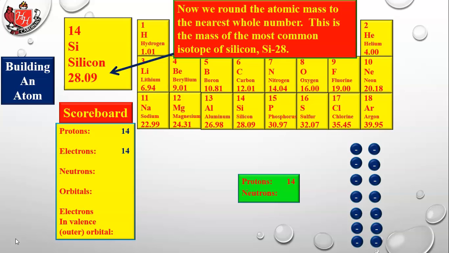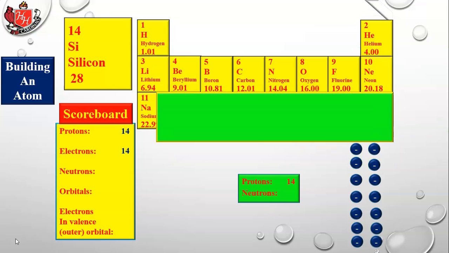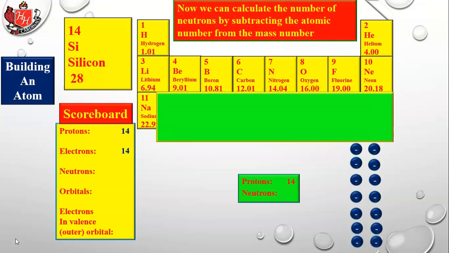So 14 protons. And now we're going to figure out how many neutrons. So first we're going to round that number to 28. So you see we just did that right there. And now we're going to do a little arithmetic. Now we can calculate the number of neutrons by subtracting the atomic number from the mass number.